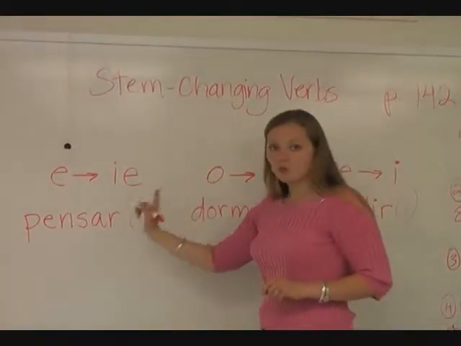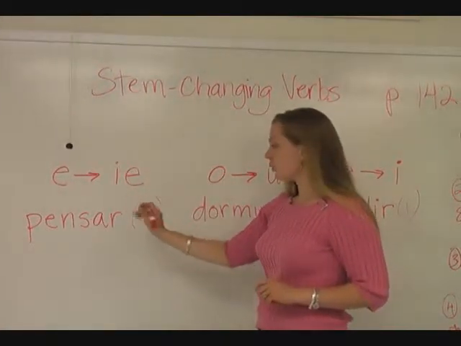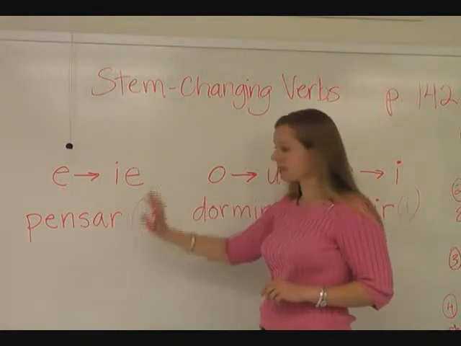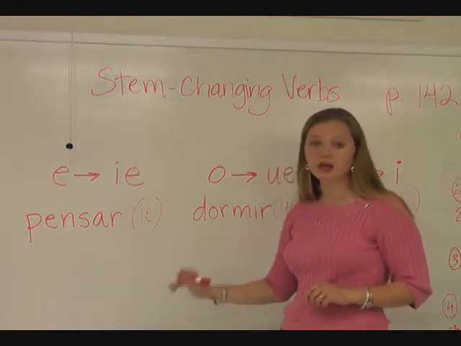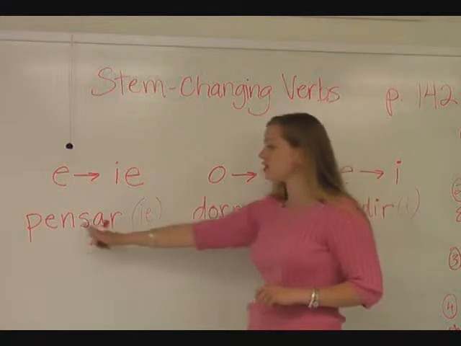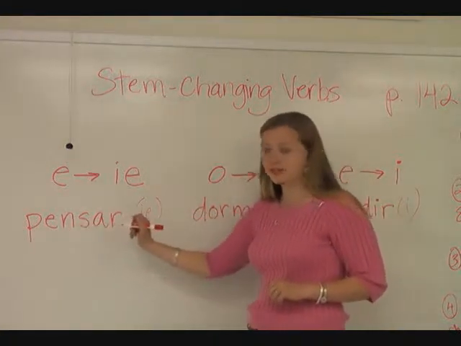Ahora, what you need to remember is that we're going to conjugate these verbs to match our subject pronouns the exact same way we've done other regular verbs. The endings are the same. The only thing that changes is going to be the stem.